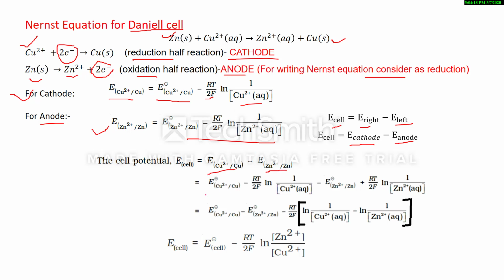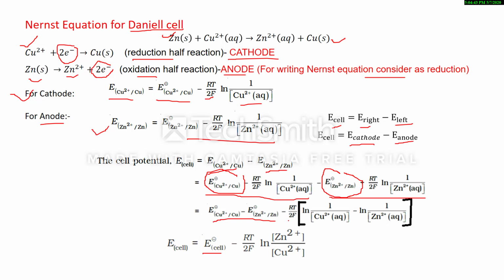Put in the values: this is the value for the copper electrode and this is for the zinc electrode. This term is the standard electrode potential for copper and this one is the standard electrode potential for zinc. If we take the difference of these two, we will get E standard cell. Is it clear? E standard cell.